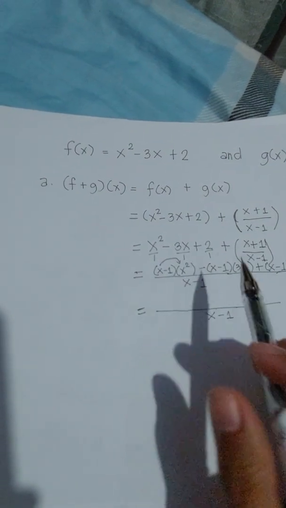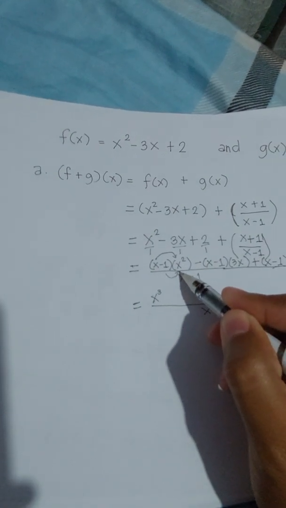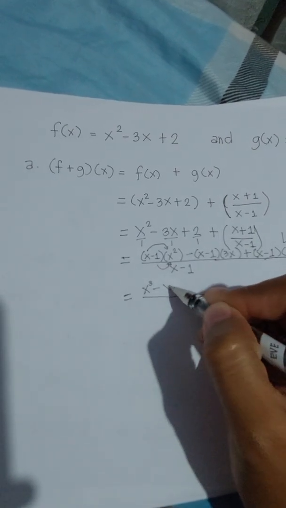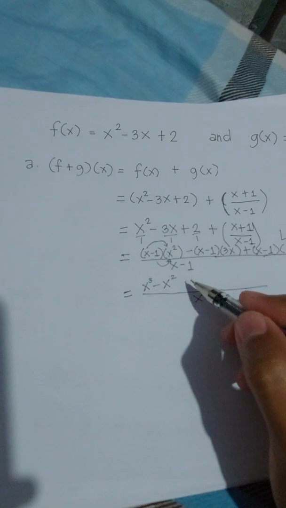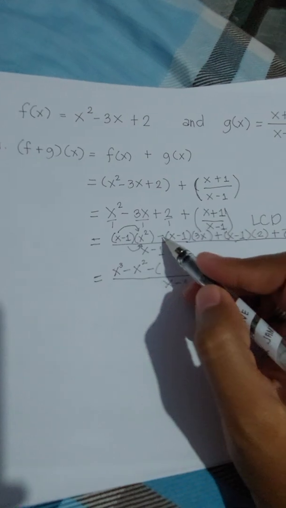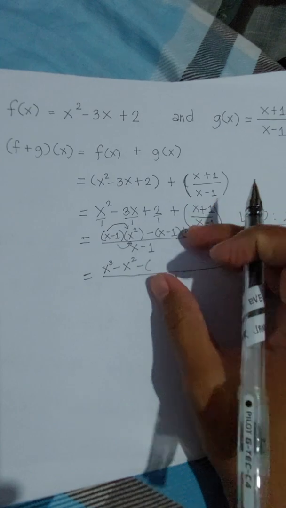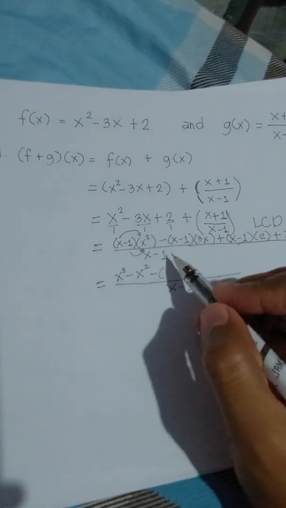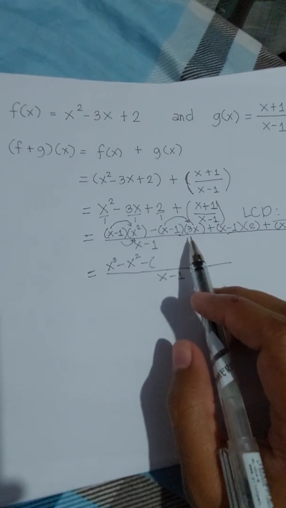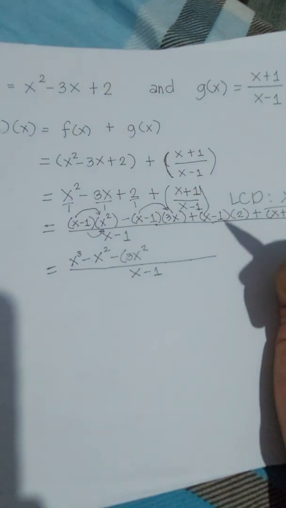X times x squared, that would give us x cubed. Then negative 1 times x squared, that would give us negative x squared. Copy, minus. You have to use brackets when there is a minus before, because that would change all the signs inside. Okay, so x times 3x, that would give us 3x squared.